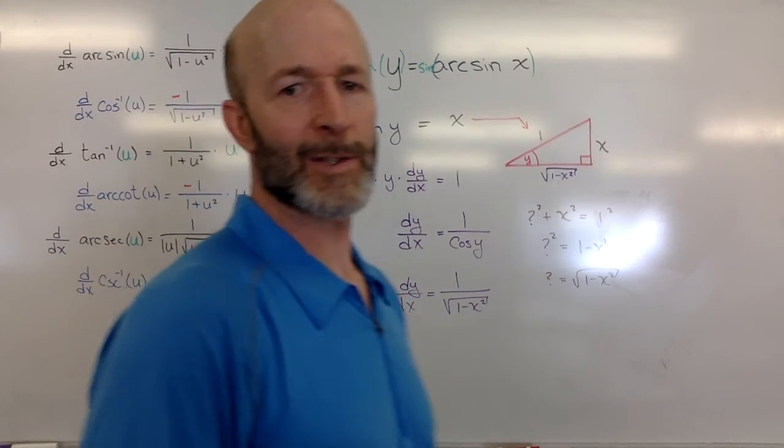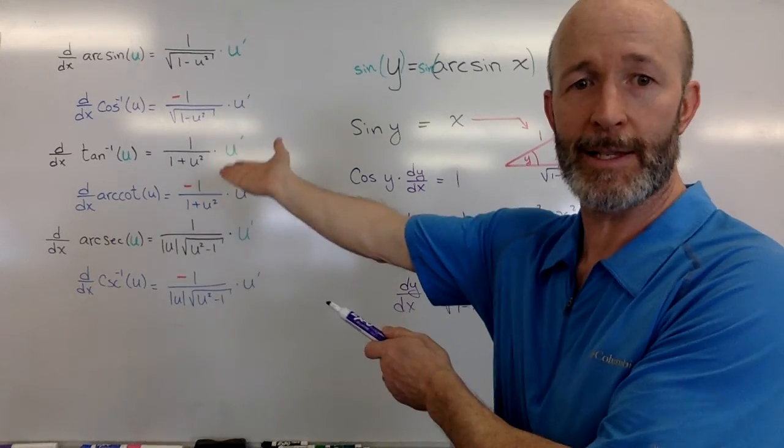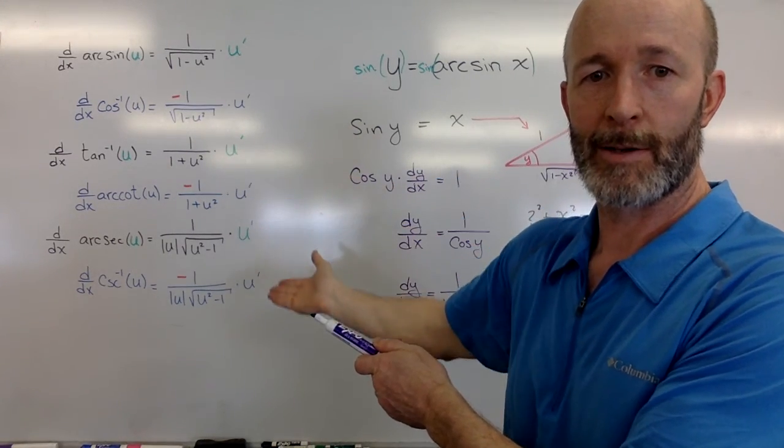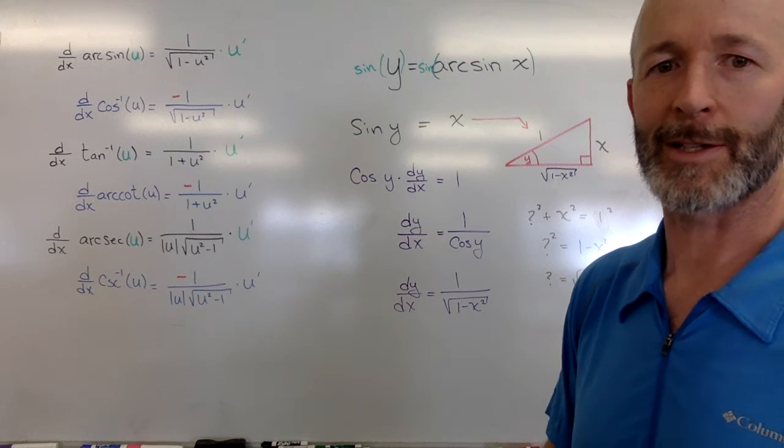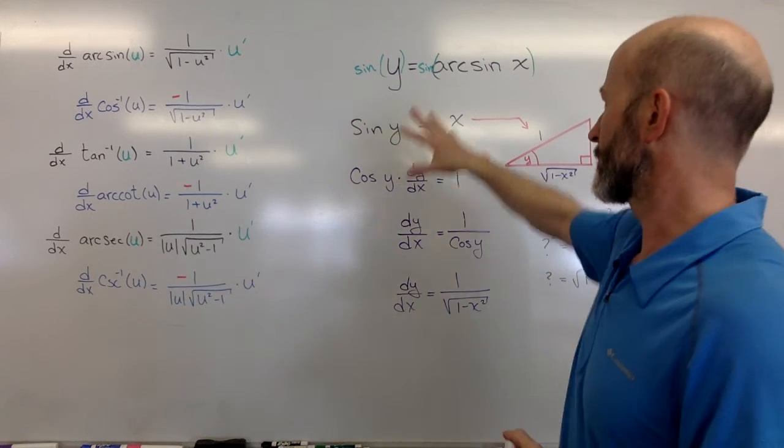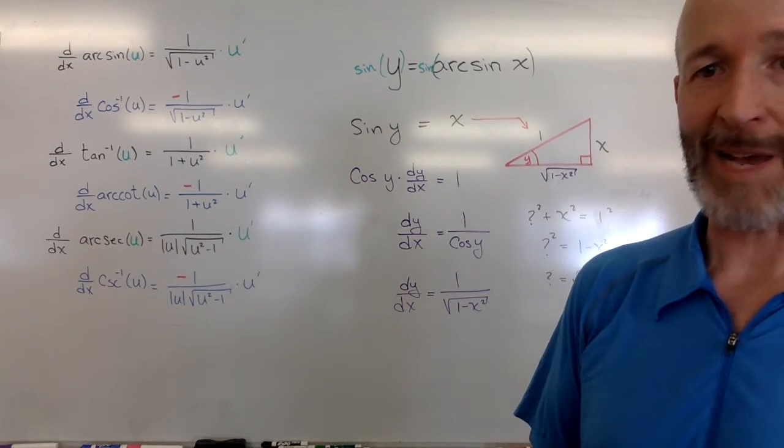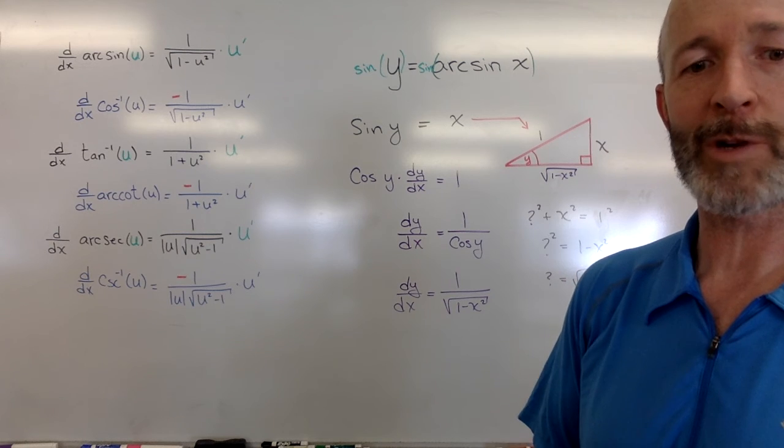That's how we get the formulas for all 6 of these arc or inverse trig functions. You could do the same derivation for each one. I'm not going to ask you to do that, and I'm not going to do it for you right now.